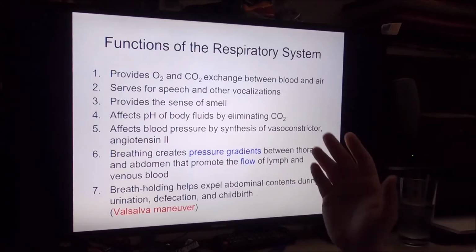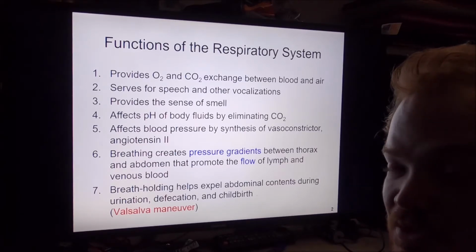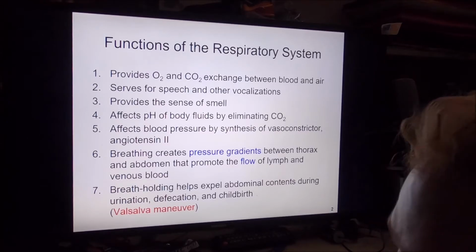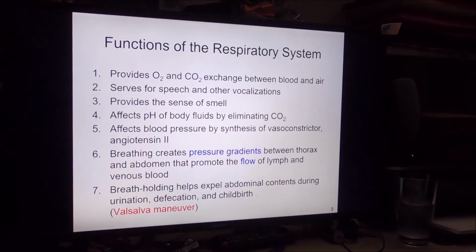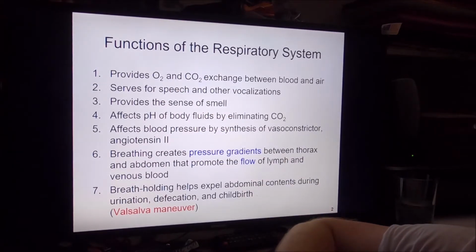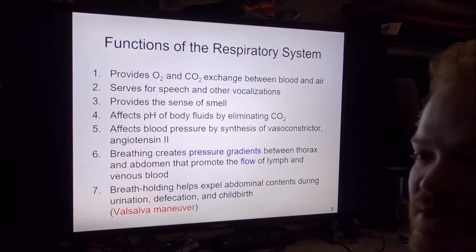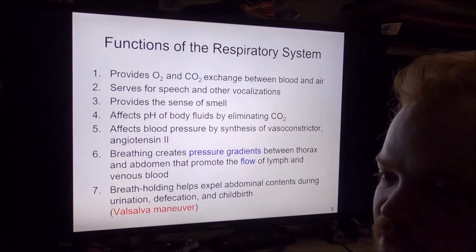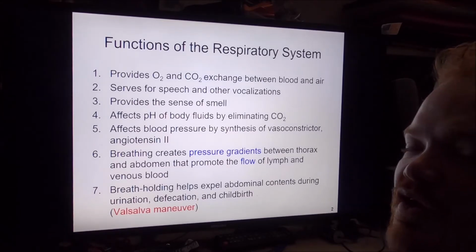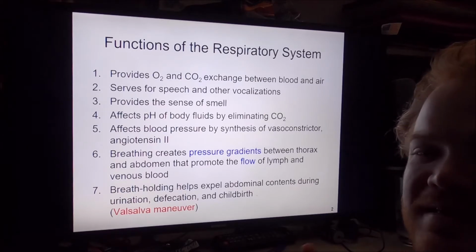So your respiratory system most certainly plays a role in the exchange of oxygen and carbon dioxide, but there are a whole host of other things playing a role here. Serving as the basic centers for speech and other general vocalizations. Your respiratory passages include your oral openings, your larynx and your glottis, which allow you to make sounds.